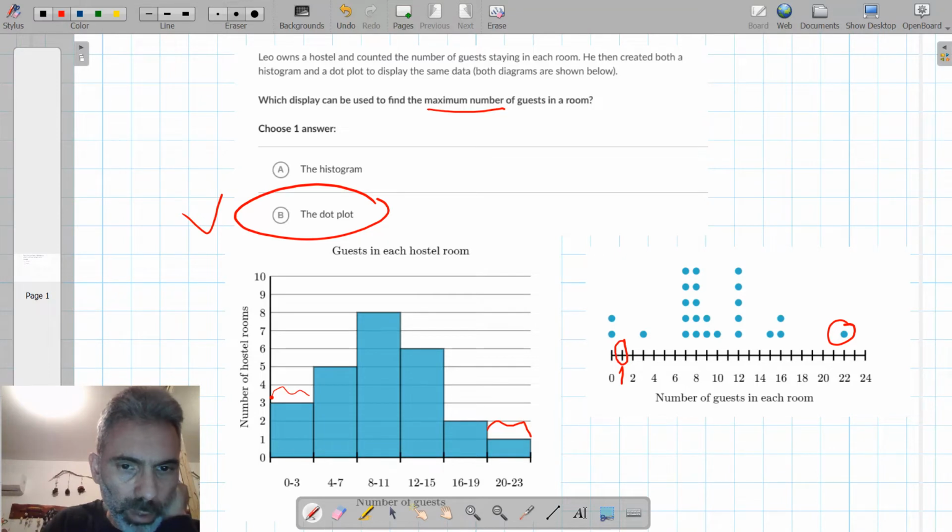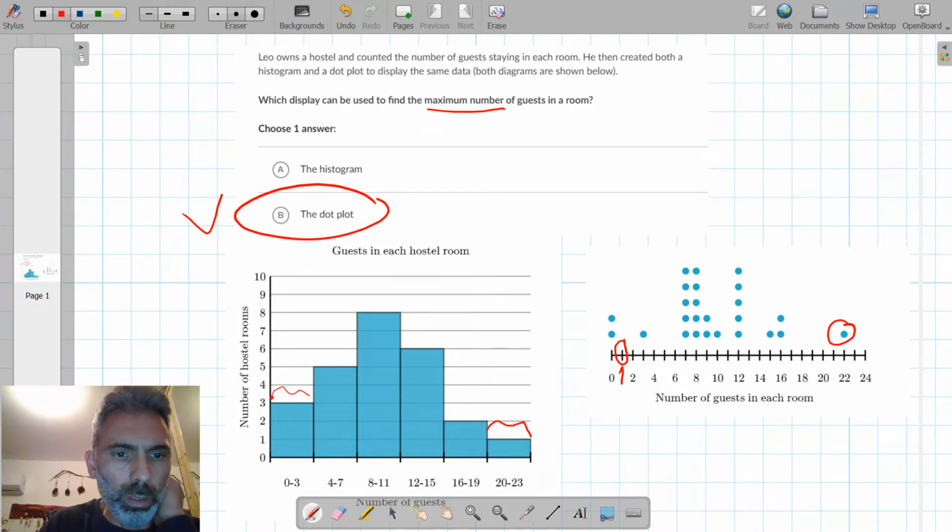The hostel owner counted the guests in each room. So in 3 rooms, he had 0 to 3 guests.